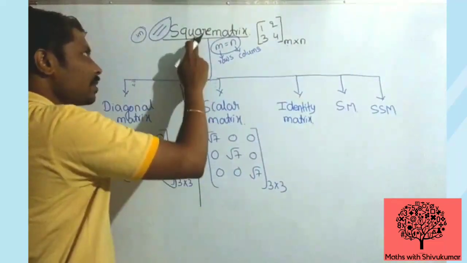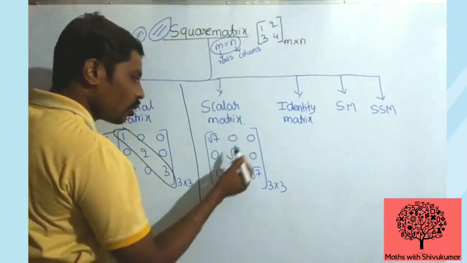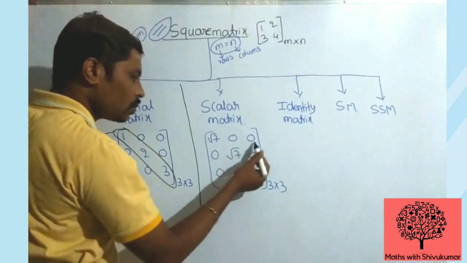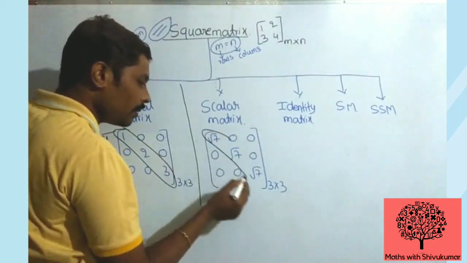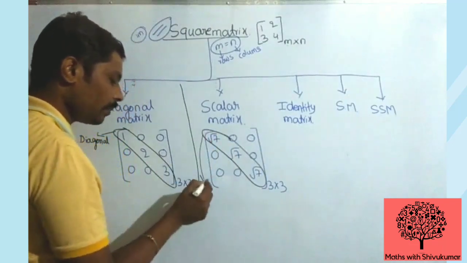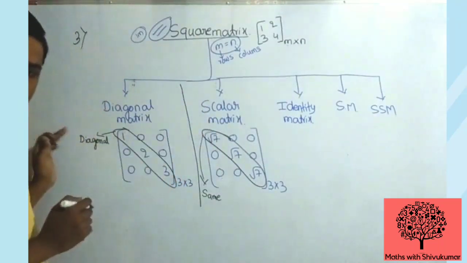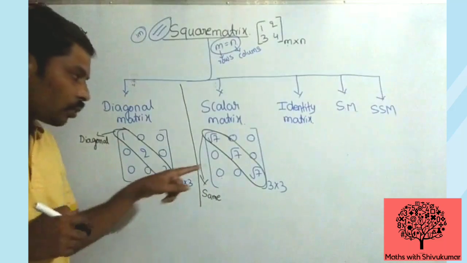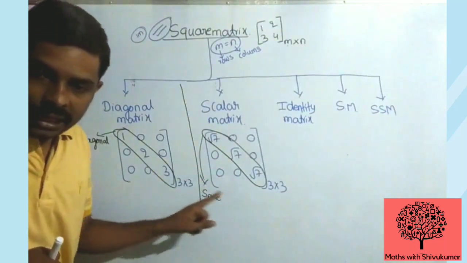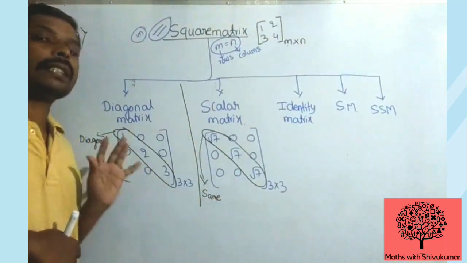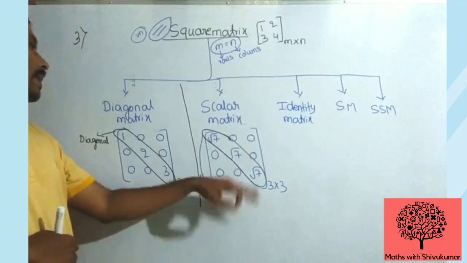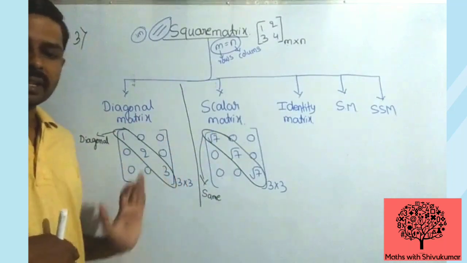A scalar matrix is a square matrix in which non-diagonal elements are equal to 0. Then diagonal elements are the same. Yes or no? Diagonal elements are the same. Here we have to include that statement. Here we have to exclude that statement. Only that is the difference between scalar matrix and diagonal matrix.